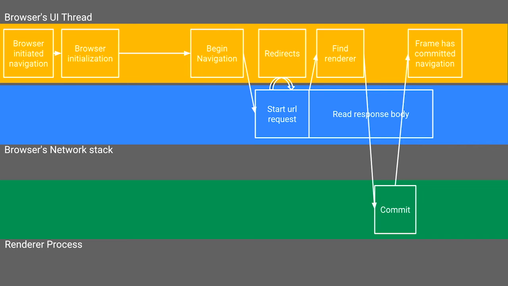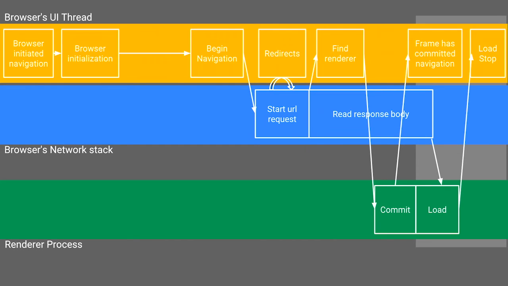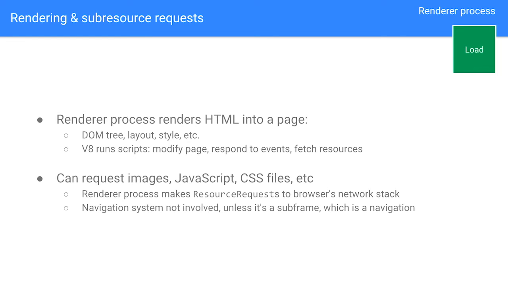So just to show it again, we go commit, which gives us a frame, and then we continue into the loading stage. Now, the loading stage and the load stop involves quite a bit of work. Later on, you're going to hear Life of a Pixel and life of all kinds of other things that would cover a lot more about how the rendering engine ends up producing pixels.